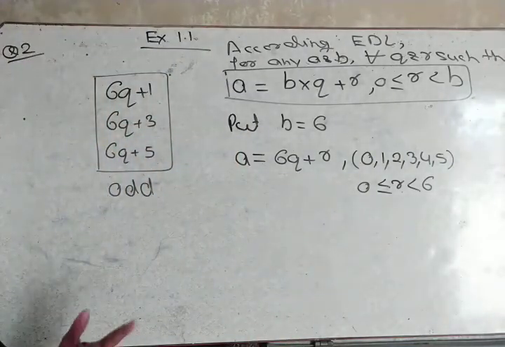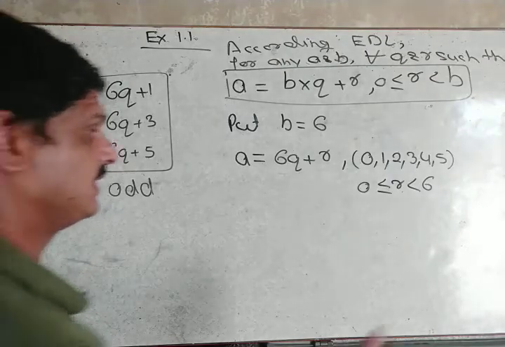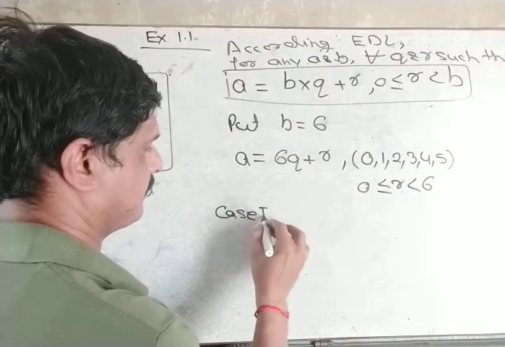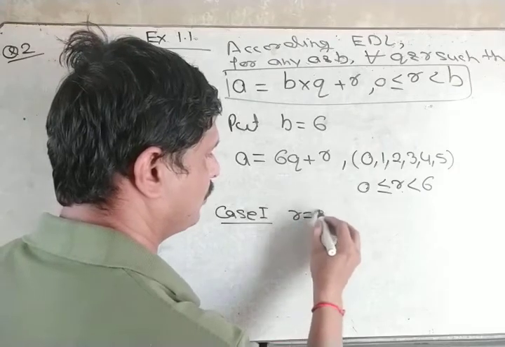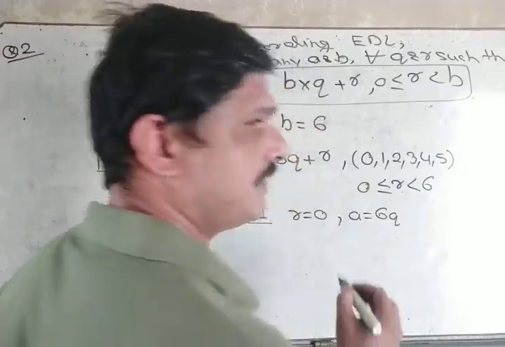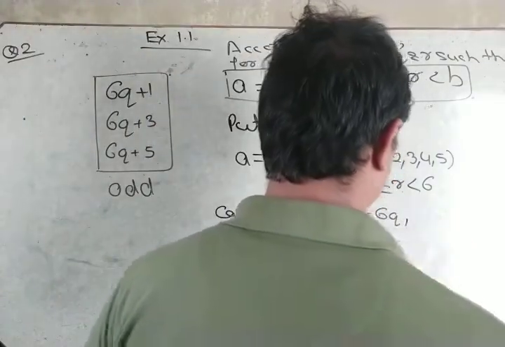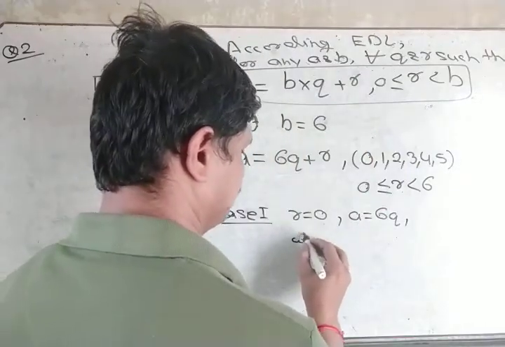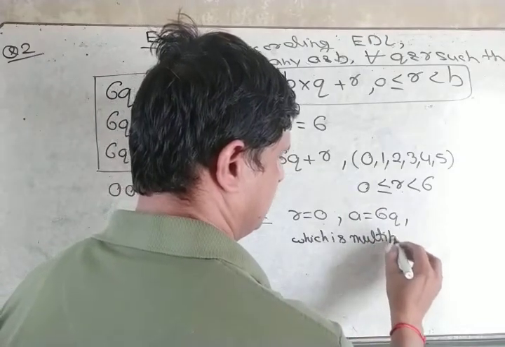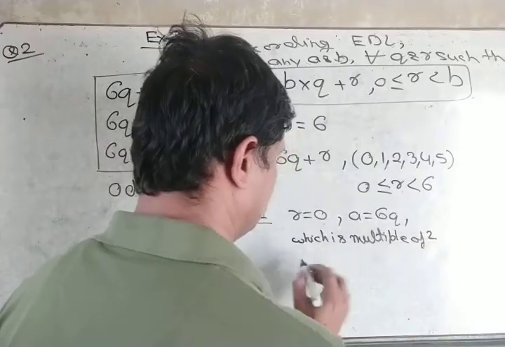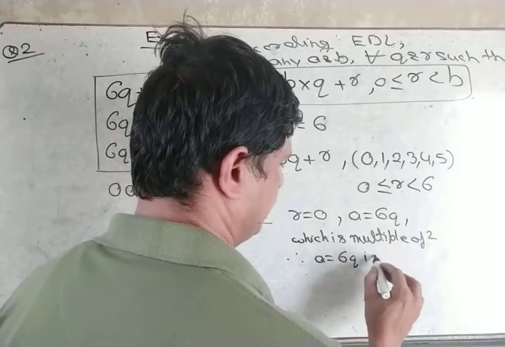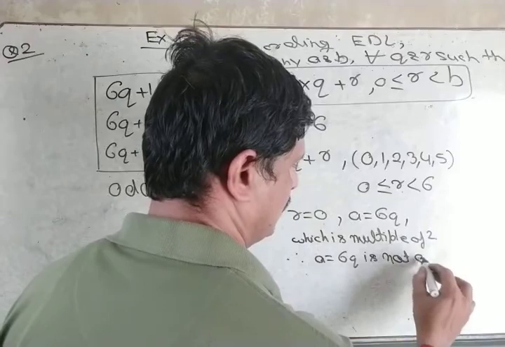Now take the first case. When r equal to 0, a is equal to 6q, which is a multiple of 2, therefore it is not odd.